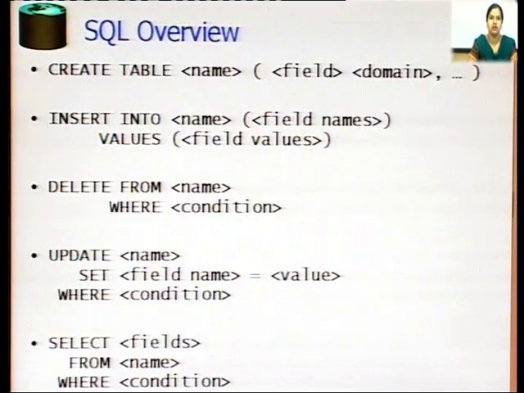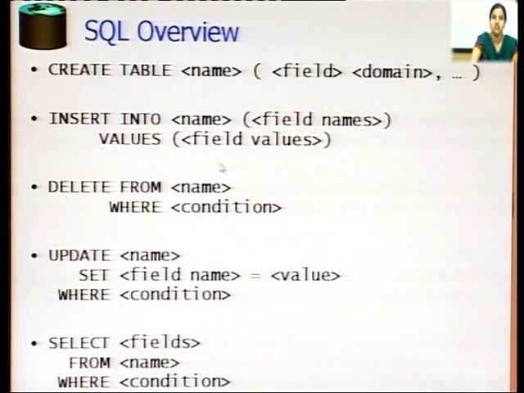Now here are some examples of DDL. Create table. What is the syntax to create the table? Create table, table name, whatever table name you want to give, then the fields, then their domains. To insert the data, the command is insert into table name, then the field names, and the values that should be assigned to these field names.